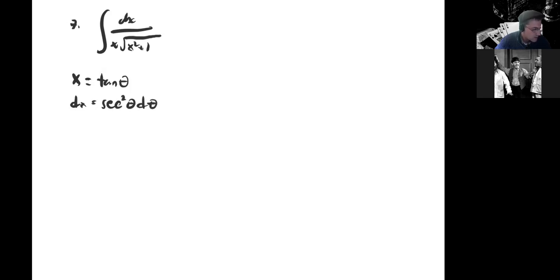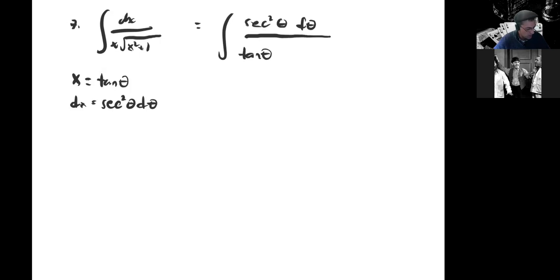And what do you get? Well, you're going to get the integral of secant squared theta d theta on top. The x is tangent theta, so that goes there. And then the square root of 1 plus x squared is the square root of 1 plus tangent squared theta. So that's the square root of secant squared theta, which gives me a secant theta after I do the reduction.